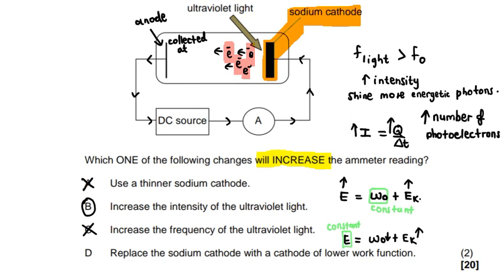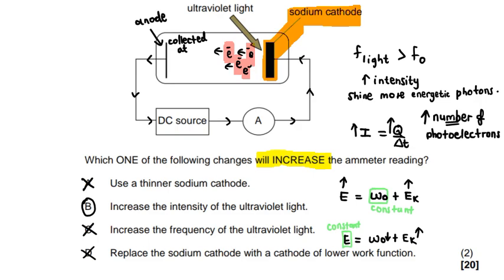So it goes back to the same conclusion as with option C. This is just going to increase the kinetic energy of the photoelectrons, not necessarily the number. The key thing here is to increase the number of photoelectrons, not the kinetic energy of the photoelectrons.